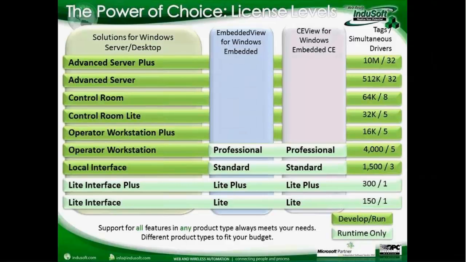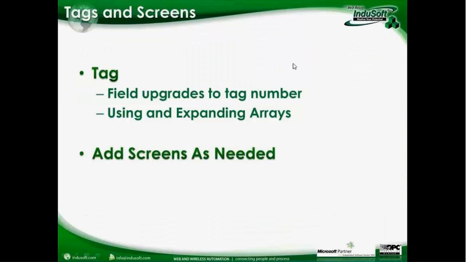Let me go back a slide here. So that's talking about field upgrades to tag numbers. Another thing that you can do is using and expanding arrays within your system.